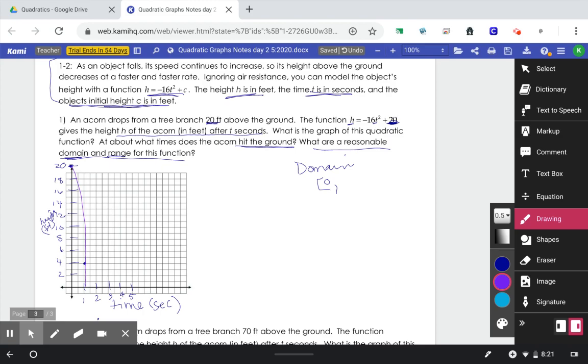Now, on my calculator, when x is 2, it says negative 44. When x is 1, it's 4. So I don't exactly know when it actually hits the ground, because I know at 1 second, it's 4 feet above the ground. I don't know the exact number when it actually hit the ground.